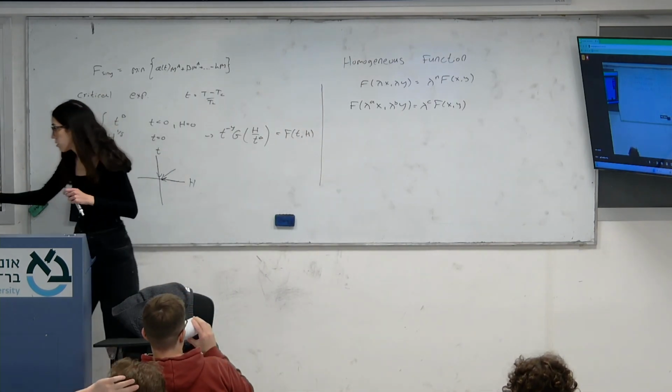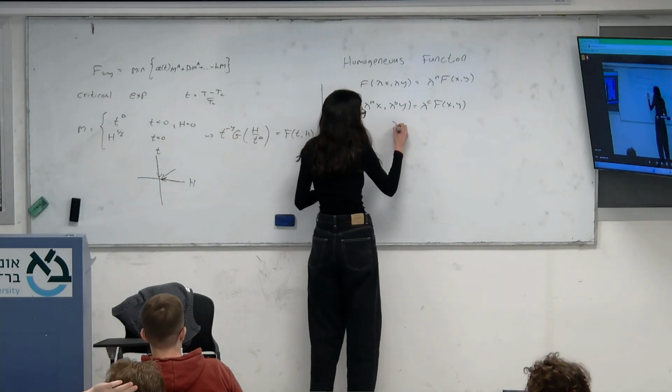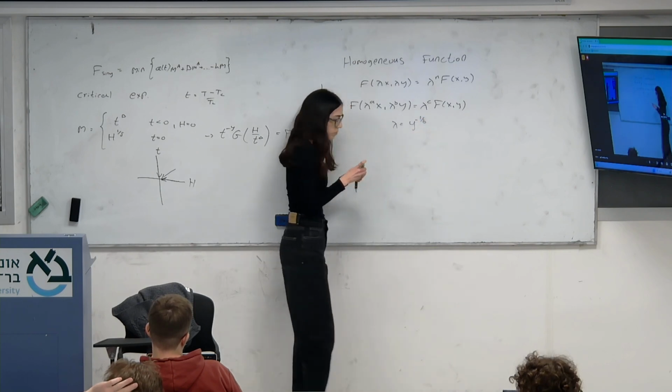So, for example, let's choose lambda to be y to the power minus 1 over b.